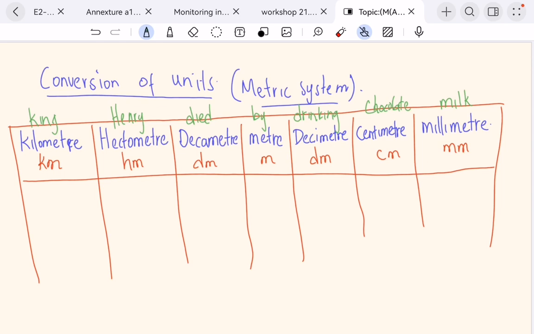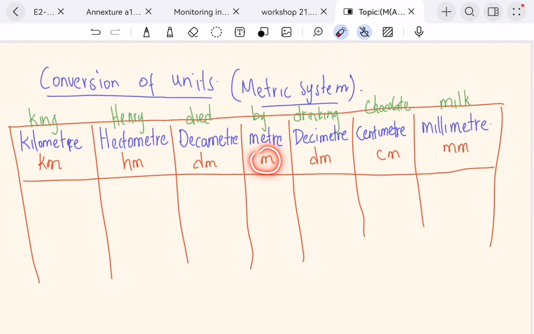So let's see. The K in king will be kilometer. The H in Henry will mean hectometer. The D in died will represent our decameter. Then usually this one, because we usually talk about it a lot, we just represent it by a b, so just know that b stands for m, meter.